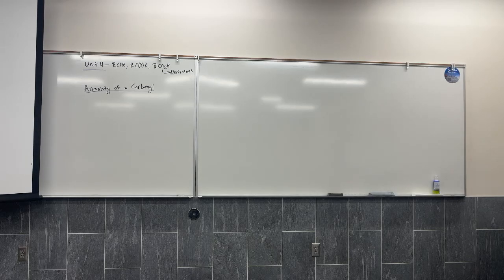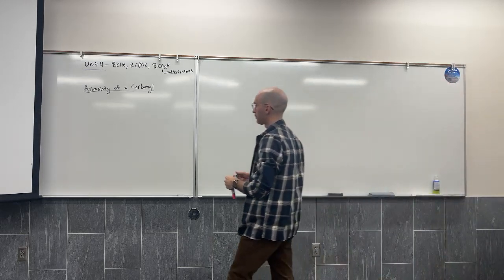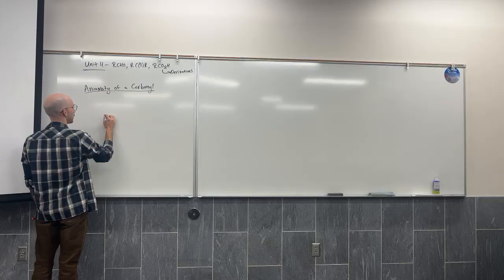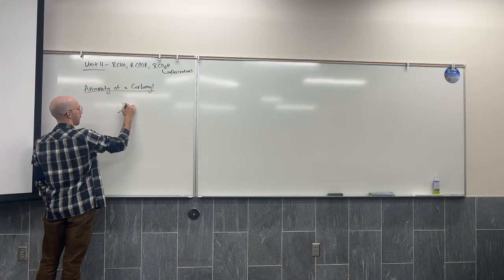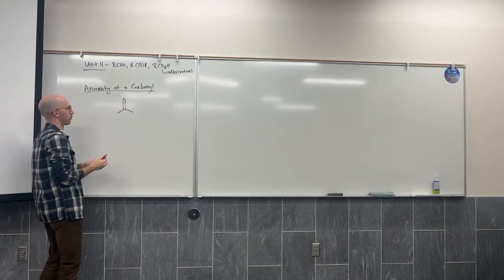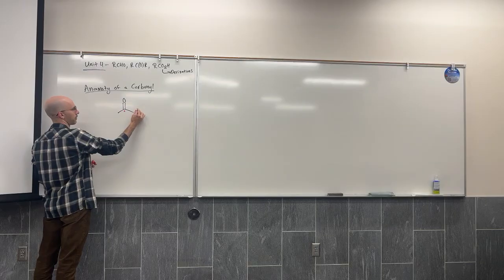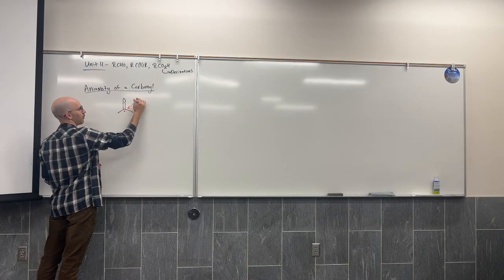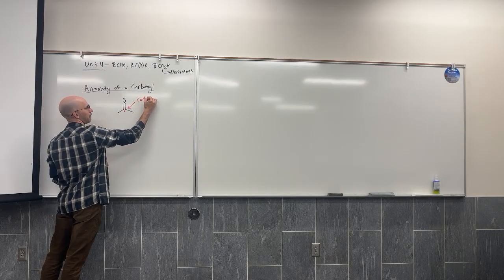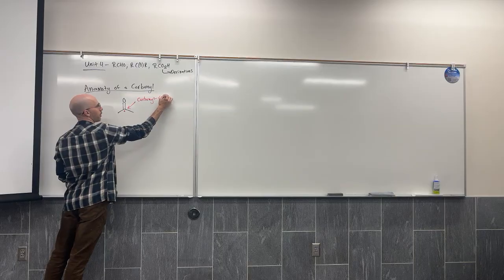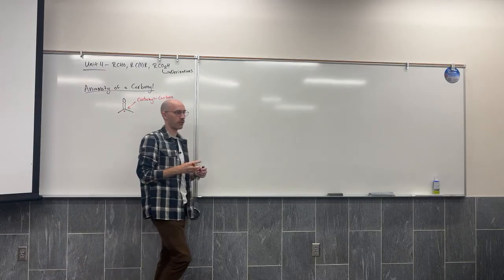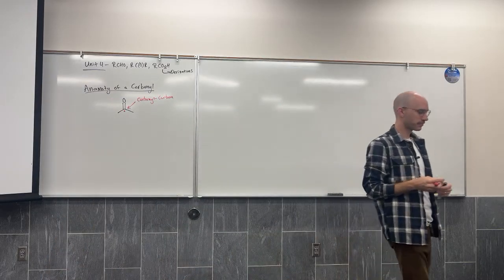First, the reference point of our carbonyl is the carbonyl carbon. For being such an important part, the carbonyl carbon was not given its own name. So when we refer to this, we'll refer to it as the carbonyl carbon.